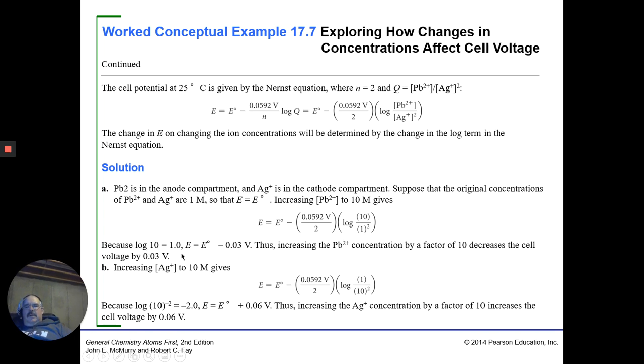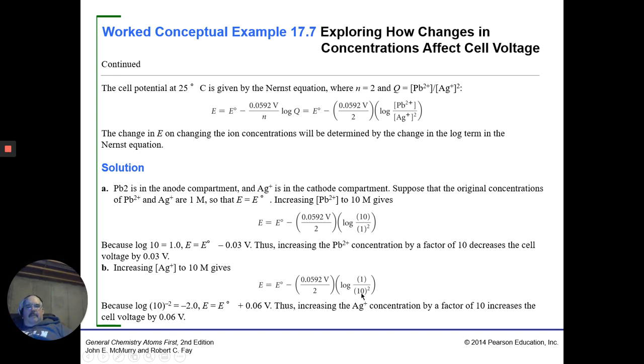Log 10 is 1, so E equals E standard minus 0.03. So this change would decrease the cell voltage by 0.03 volts.